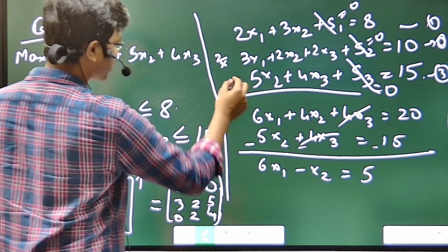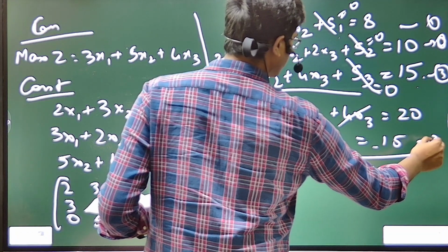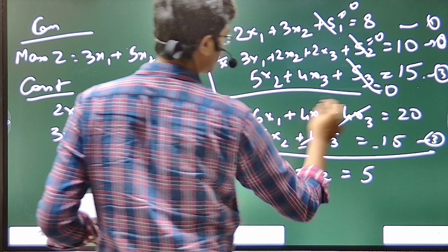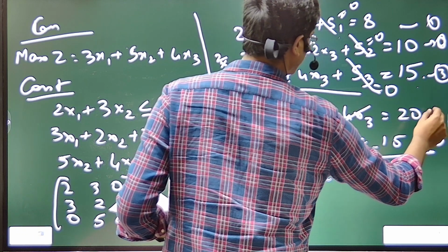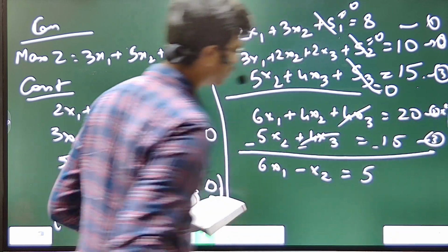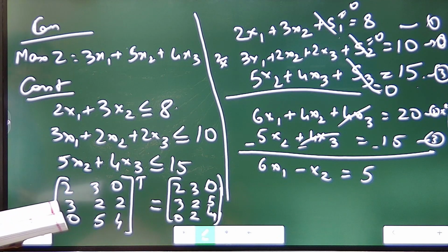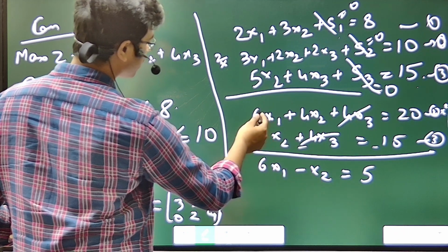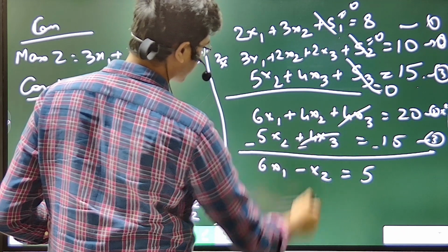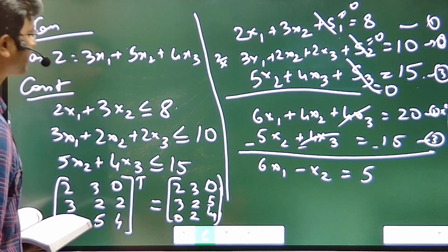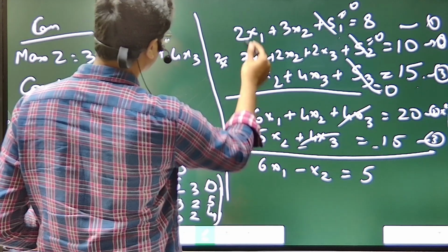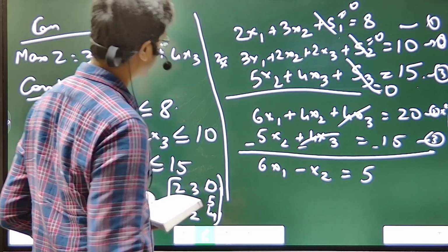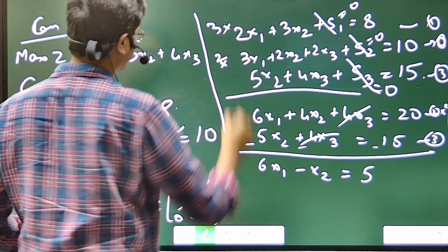So this is equation number 3 and this is equation number 2 into 2. Understood? So minus 5x2 and 4x2, I got minus x2, 6x1 is the same, this got cancelled. And I have 2x1 plus 3x2 equal to 8. So let me multiply this into 3.